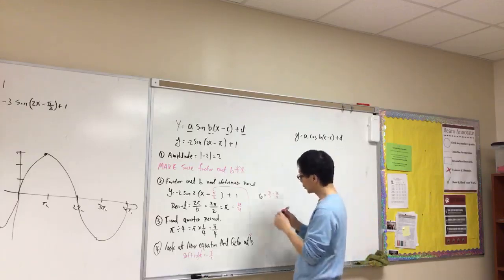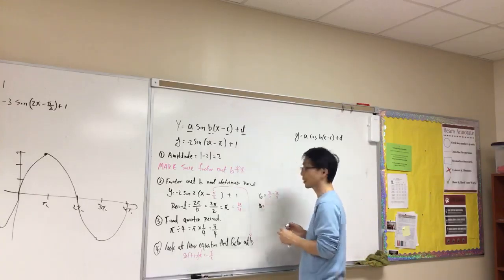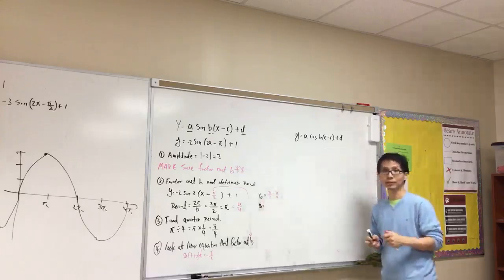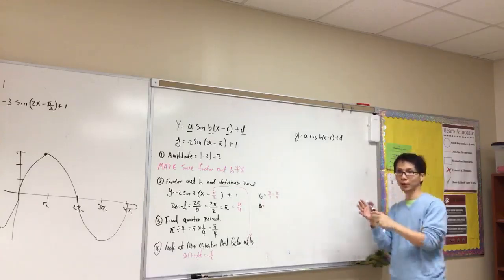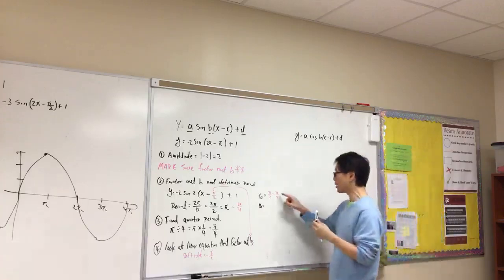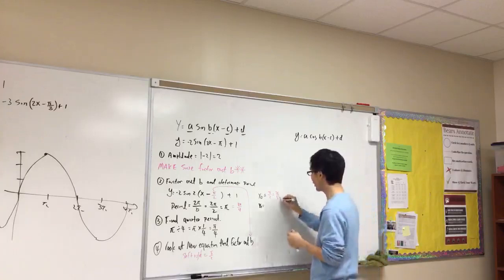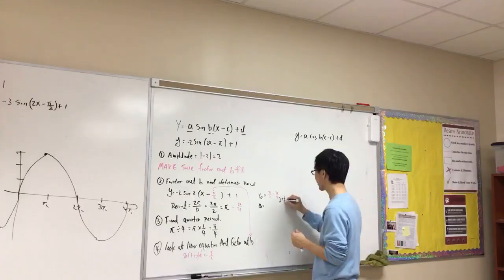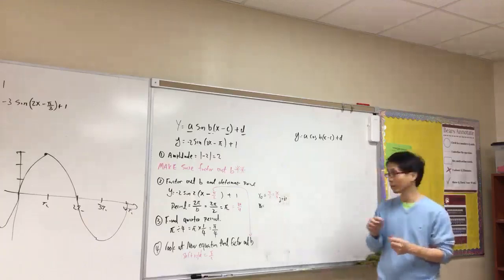So now your x1 is going to have an increase. How much increase? It's each quarter period. I start at 2 pi over 4 and add a quarter period. So what's 2 pi over 4 plus a quarter period? 3 pi over 4.